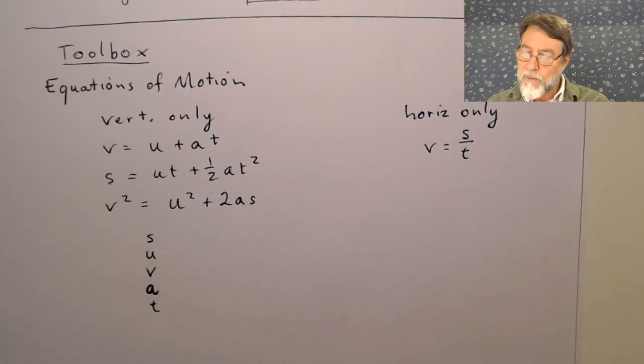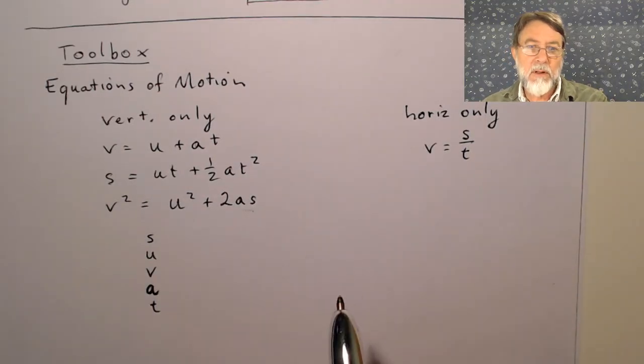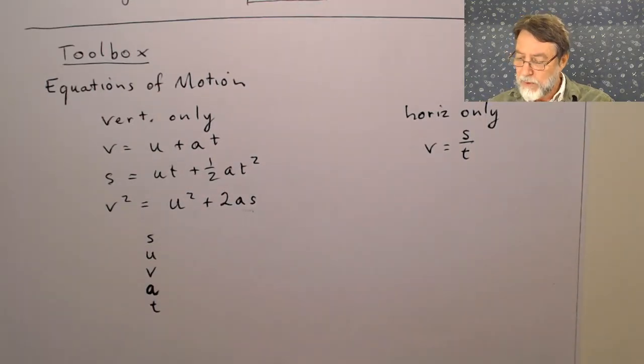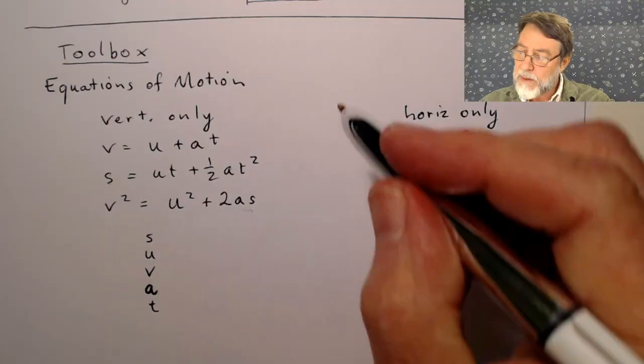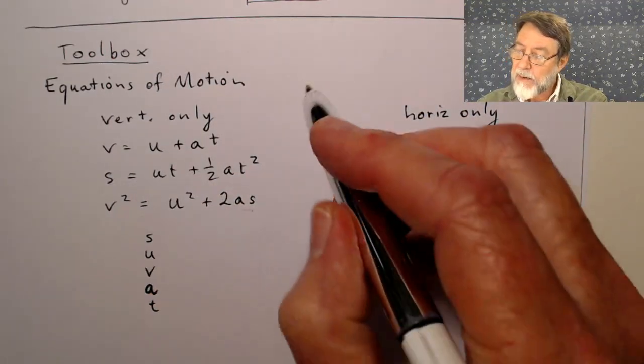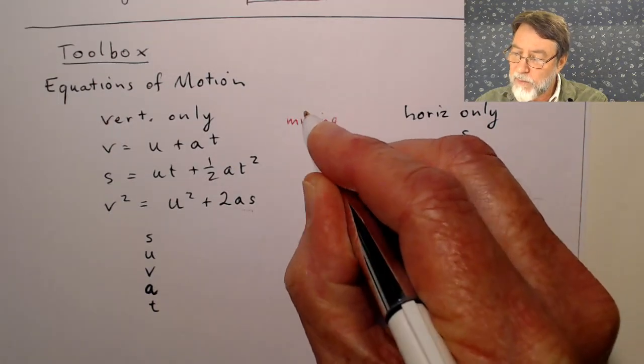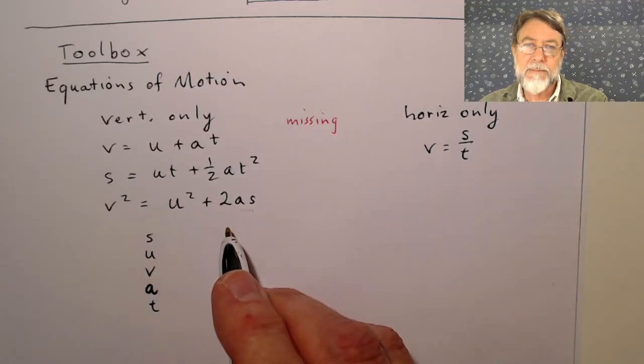Here's a tip for figuring out which equation you need to use at any given time. Notice that each equation has 4 variables in it, a different combination of variables in each of those 3.